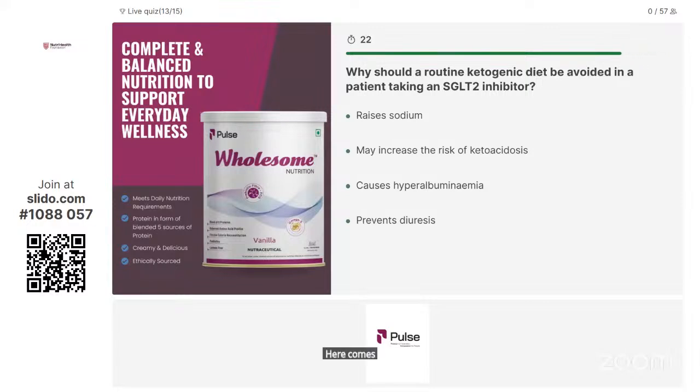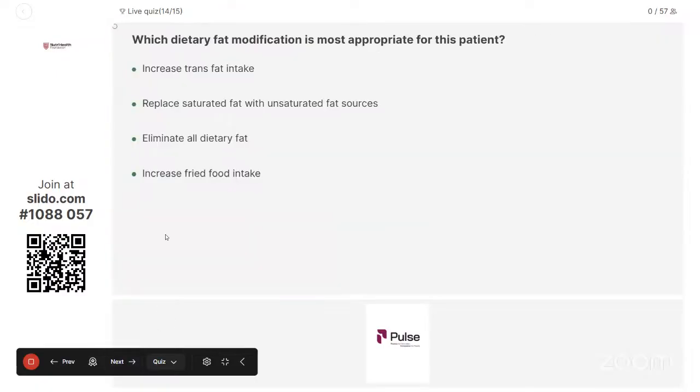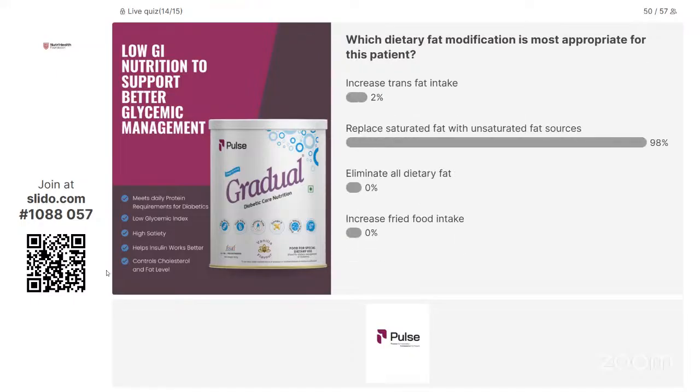Here comes the 13th question. The 14th question has started. Now we will move to the 15th and last question.